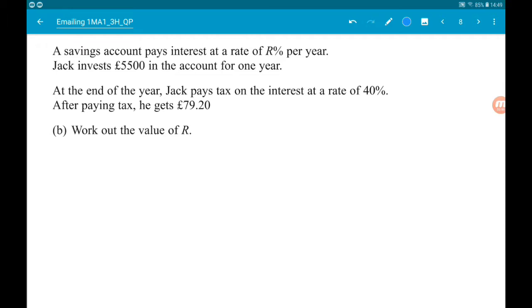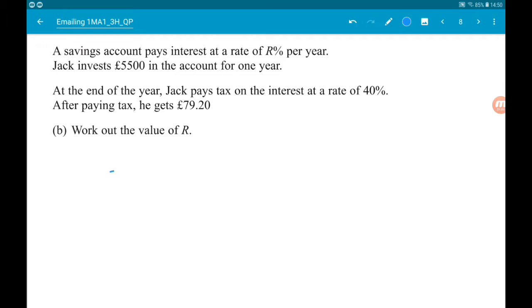Okay, so it's reverse percentages. So we know he gets paid the interest, but then he gets taxed 40% of it. So after he's taxed, he has £79.20 left, which is 60% of the interest.